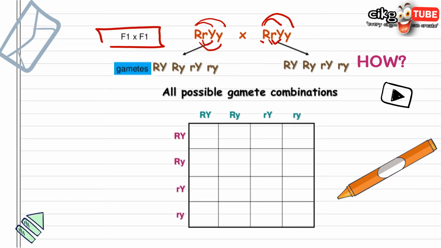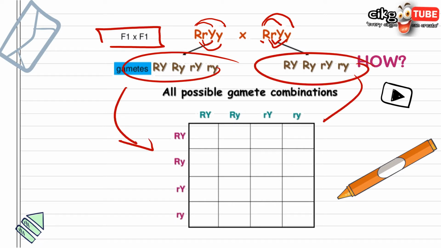You have to cross them first to get the gametes, and then you put these gametes into the Punnett square and cross them. For example, if we want to cross this and this, it comes over here. So we have RR, YY. So we have wrinkle and also yellow seed.